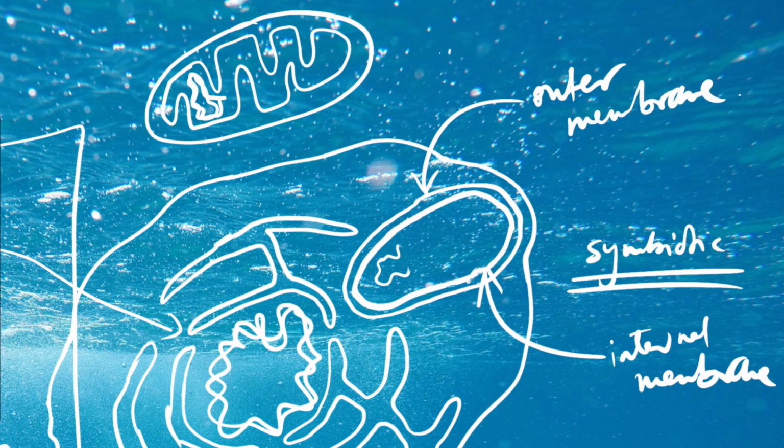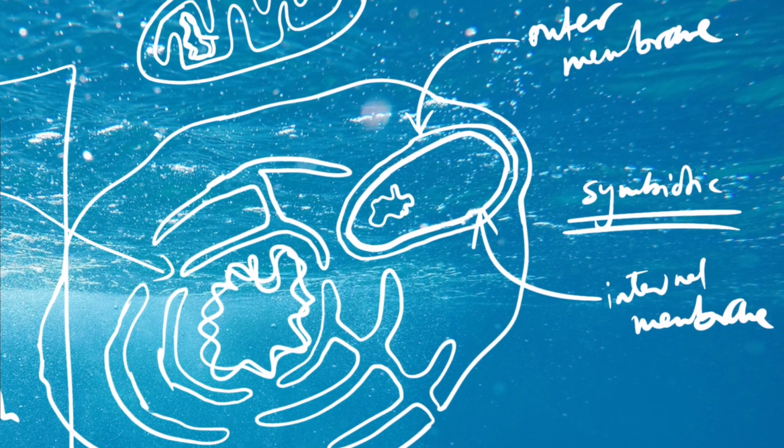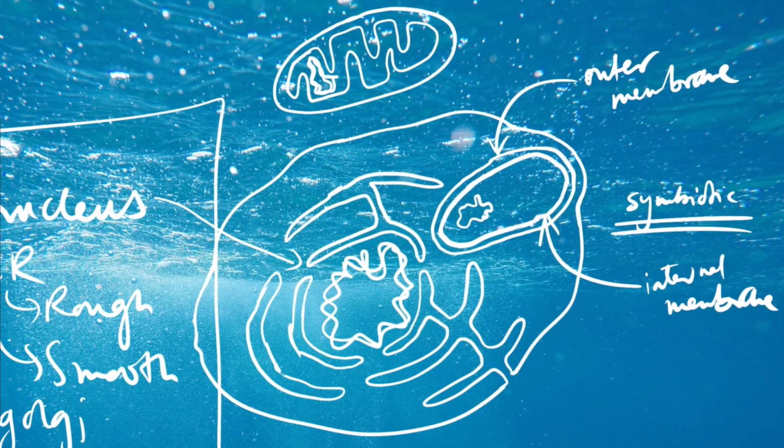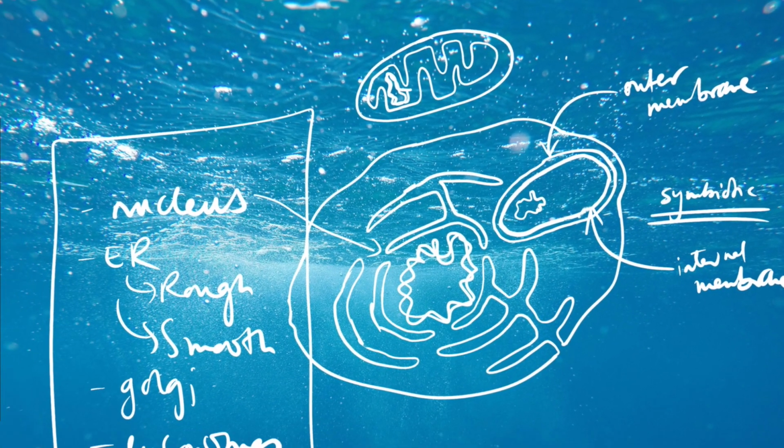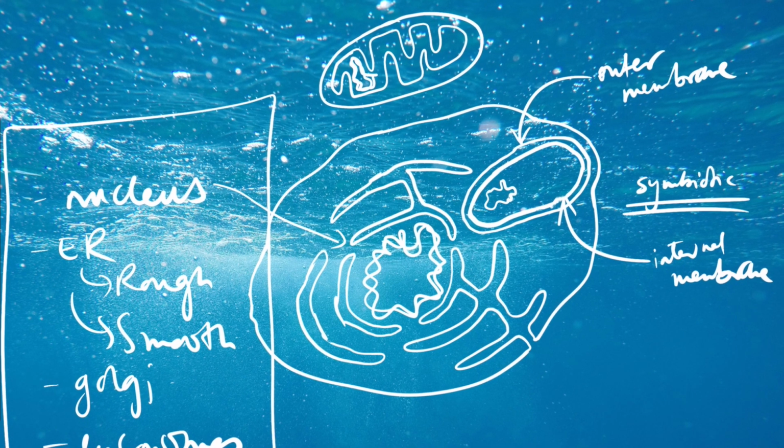membrane. Okay, and if this is true, they should also have their own original genomic information with them. And as we see with chloroplasts and with mitochondria, this is the case. So some organelles have formed as a result of endocytosis and symbiosis.